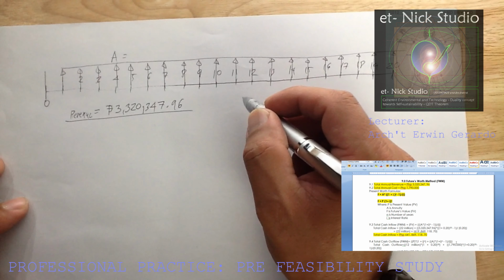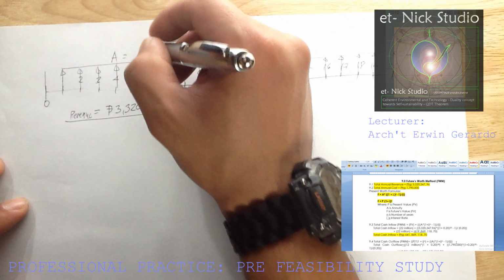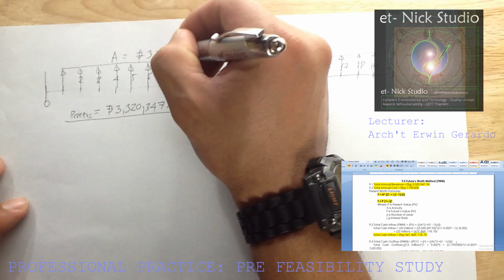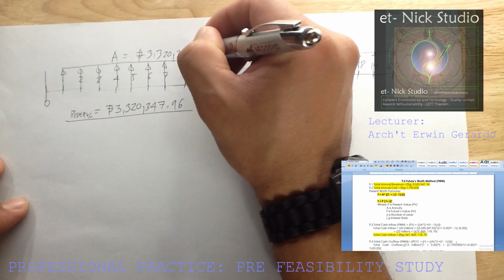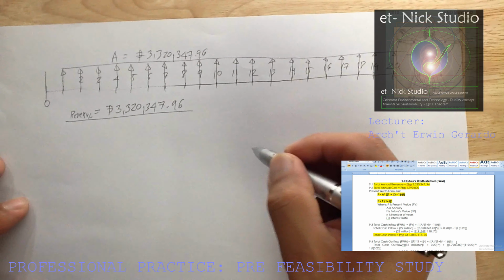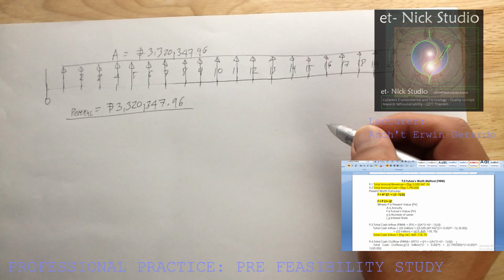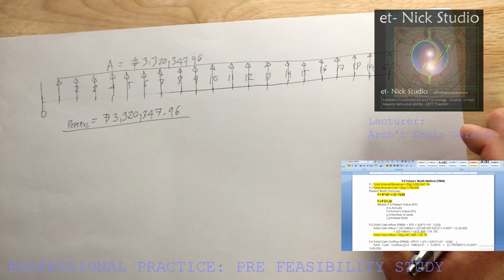So here we need to put here the value of 3,320,347.96 pesos. So this is already the projected income as what we have studied in our previous discussion.